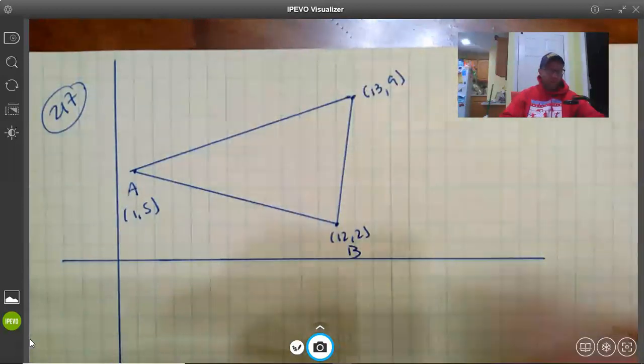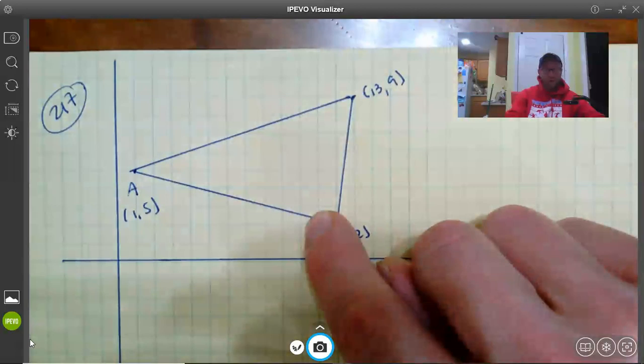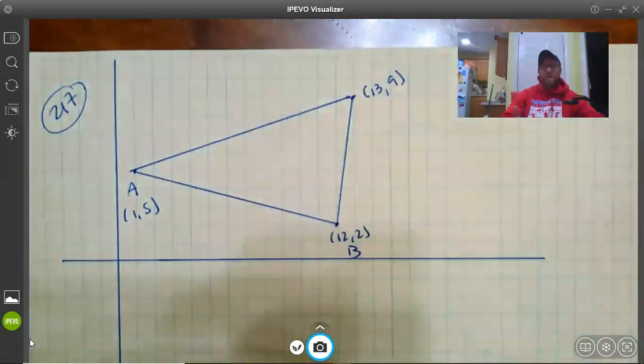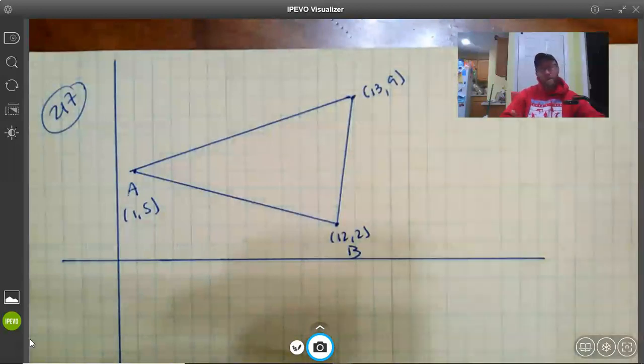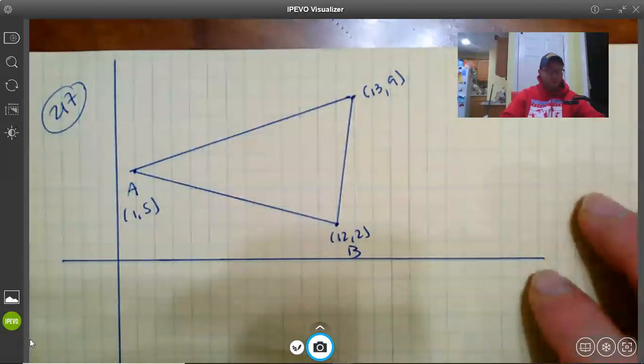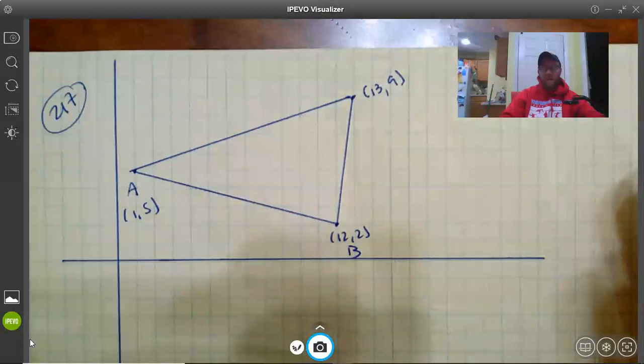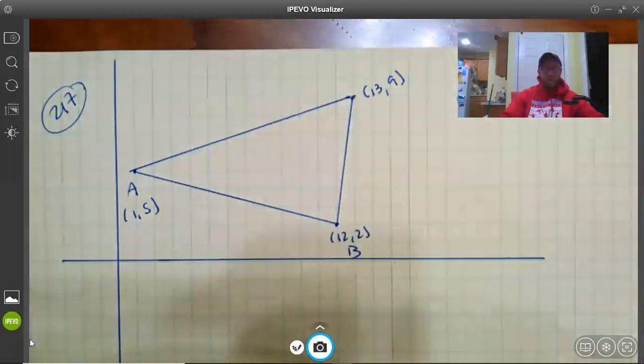It could be, on the other hand, that the height intersects the base at some insane, crazy fraction, and that'll make things more difficult to find that height, how far it is down to the base. So let's take a look here.